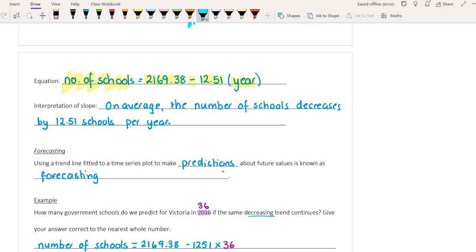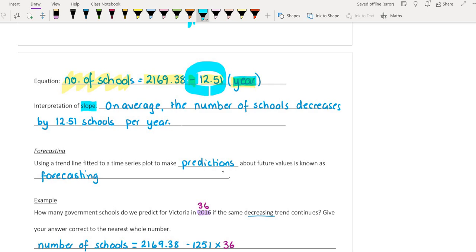First, we can find out what the slope is representing. So the slope is always the one that's next to your x, being the year here. This is the slope. You do need to take into account the operation in front of the slope, if it's negative or positive.